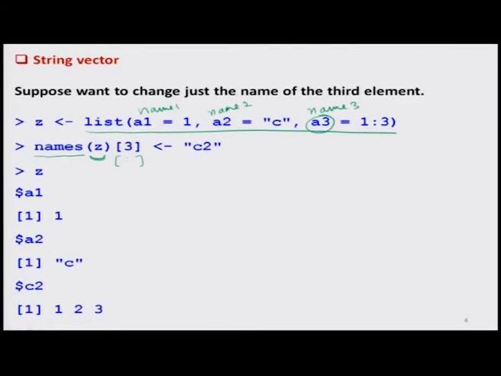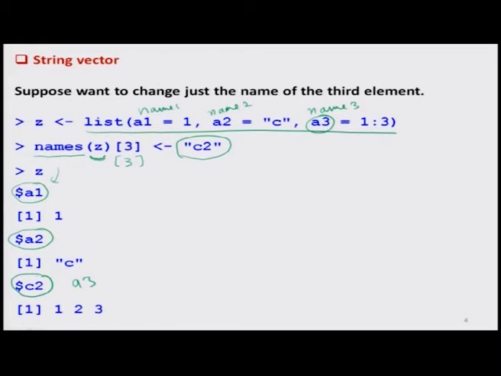Here I am writing 3, that means I want to call the third element. And now I am giving the third element a new name, say C2. And after that, if you try to see the value of Z, the first name remains as such, second name remains as such, A1 and A2, but the third name which was earlier A3 is now changed to C2.